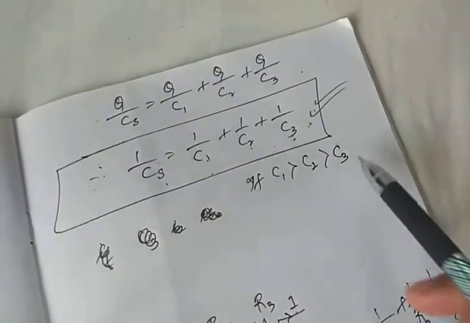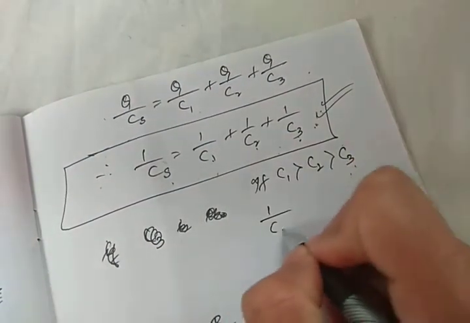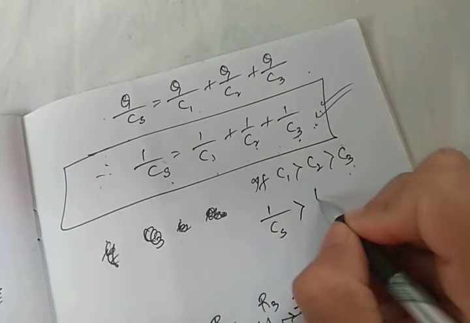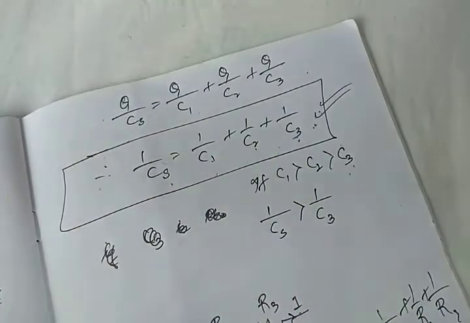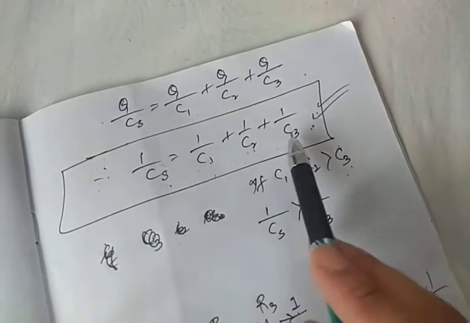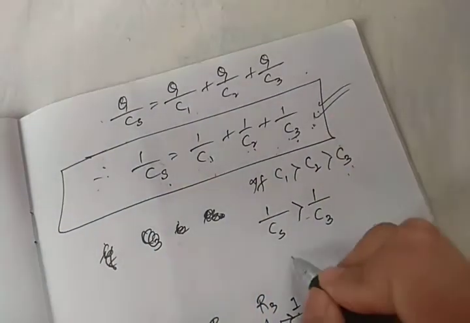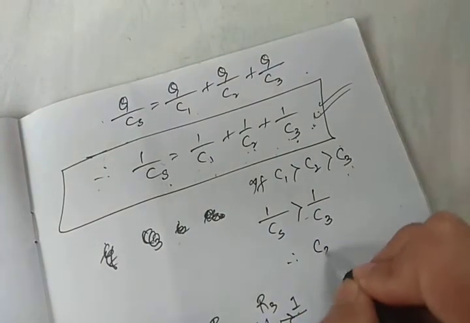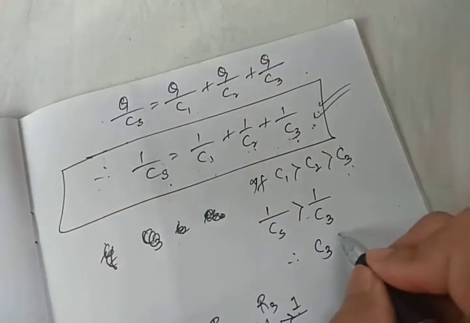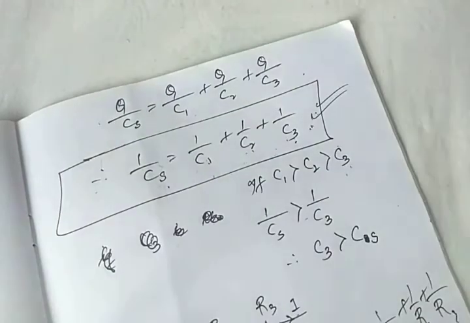So from this expression, can I write 1 upon CS is greater than 1 upon C3? Since 1 upon CS is the sum of 1 by C1, 1 by C2 and 1 by C3, therefore 1 by CS has to be greater than 1 by C3, or therefore C3 is greater than CS.